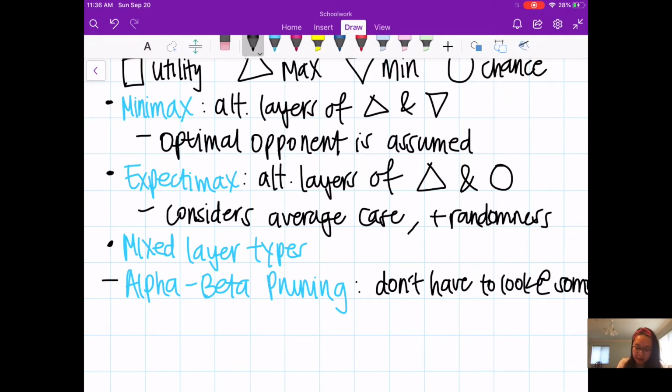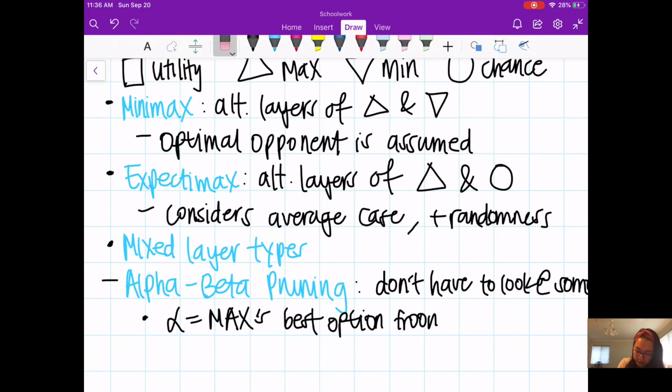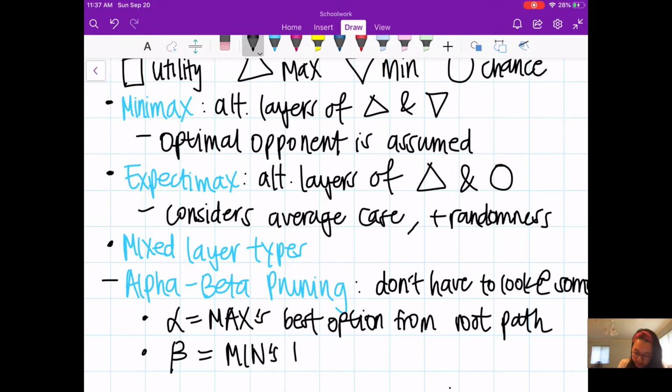Some things to keep in mind: there is a formal definition of alpha as the max's best option from the current root path, and beta is usually defined as the min's best option from the current move path.